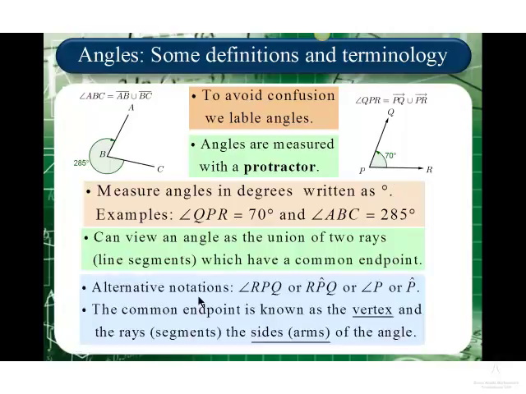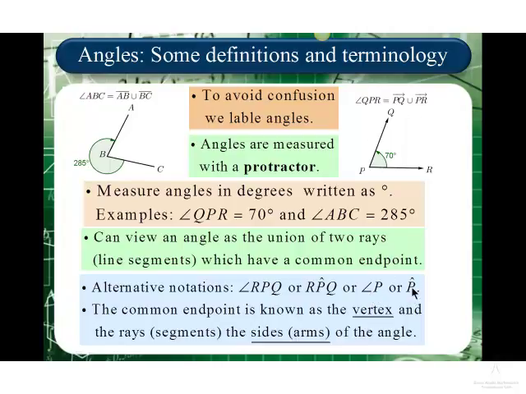The alternative notation for angle representation is where we have the 3 points R, P and Q, for example, with the little hat symbol indicated with the center symbol to indicate that this is where the angle actually resides. Or we can just represent the angle as angle P in this particular case.